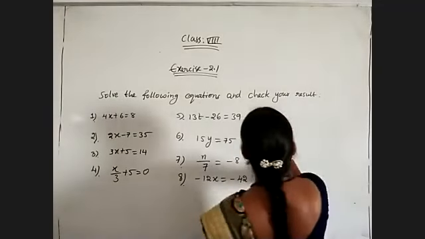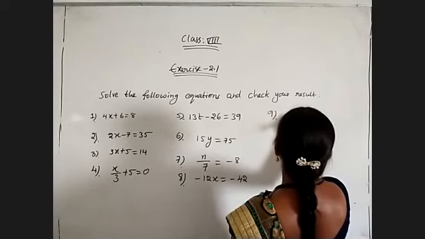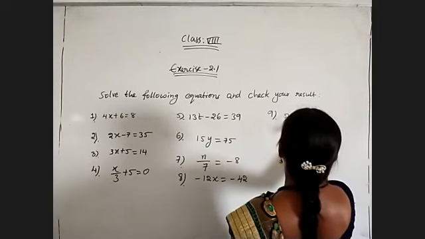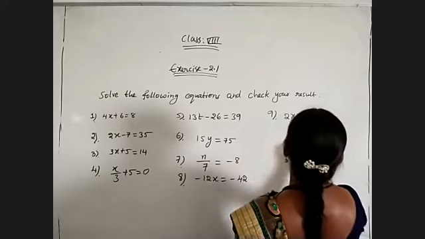Okay. And my ninth question is 2x plus 5 by 3 is equal to 5.